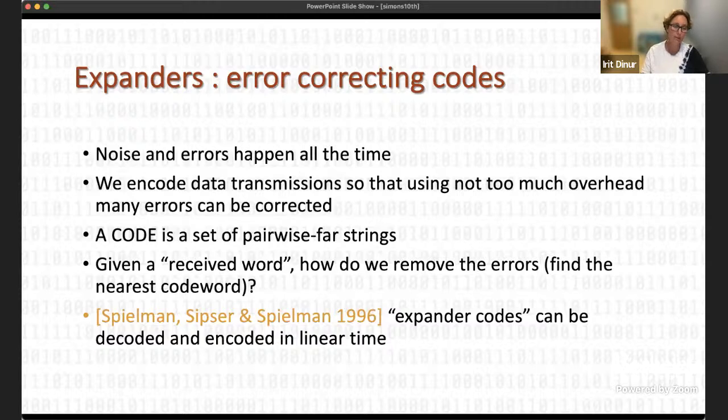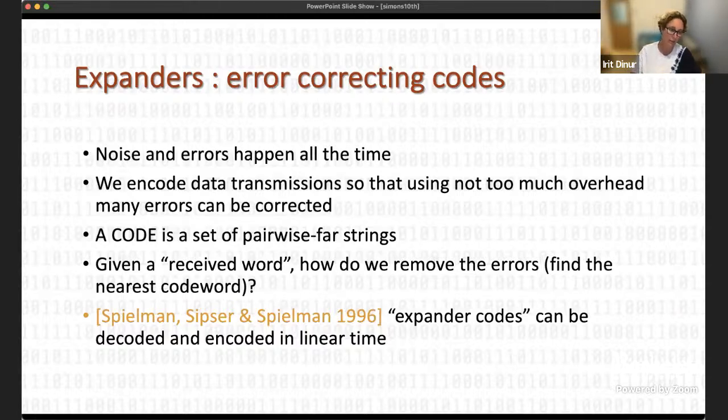And the way it's useful is that their idea was to use the expander to describe the linear constraints of the code. So for example, you would put bits on the edges, and you put a constraint around every vertex.